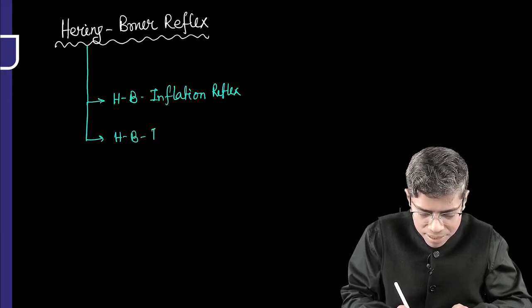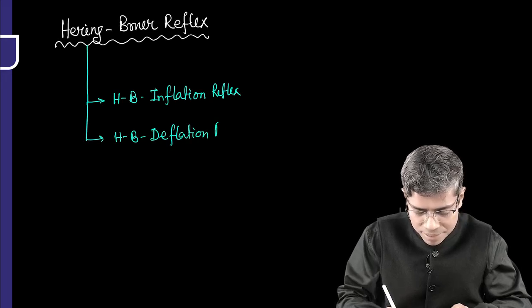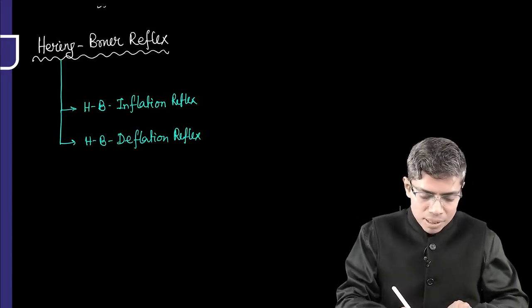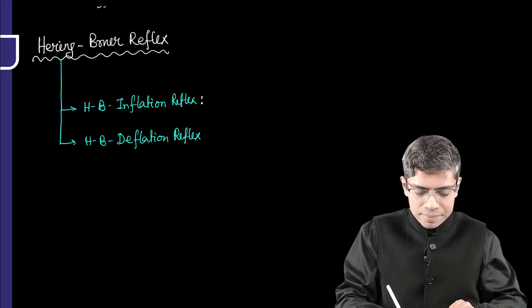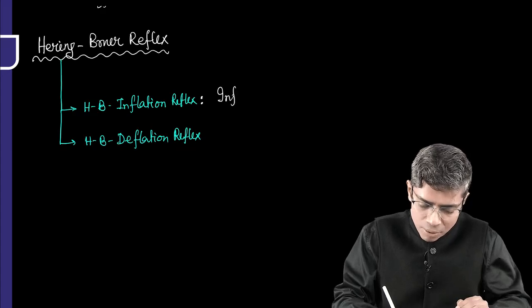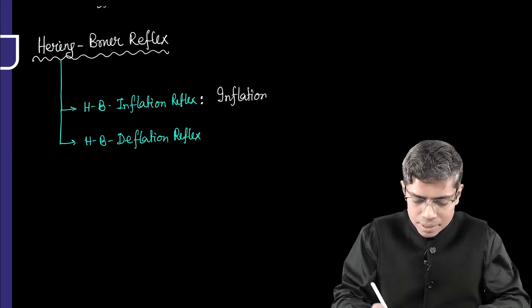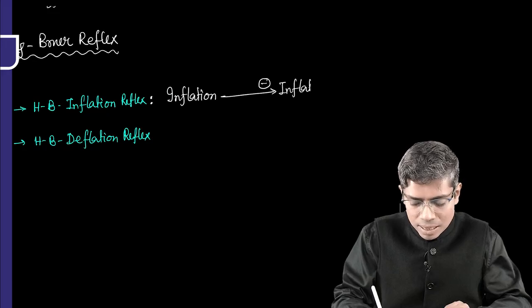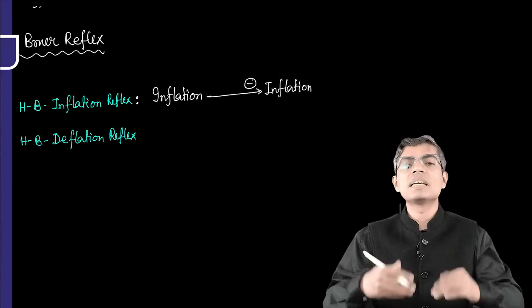According to the Hering-Breuer inflation reflex, very simple, it is saying that inflation of your lung prevents further inflation. So inflation of your lungs prevents further inflation.